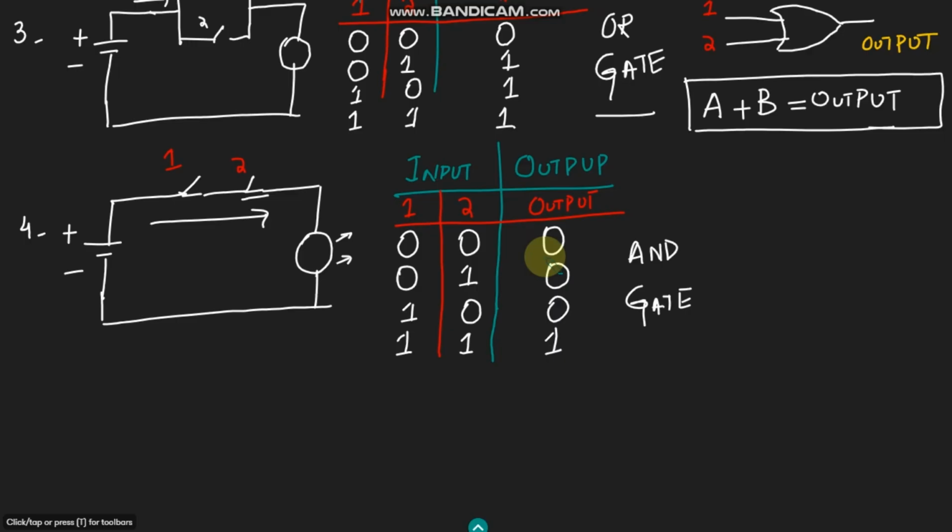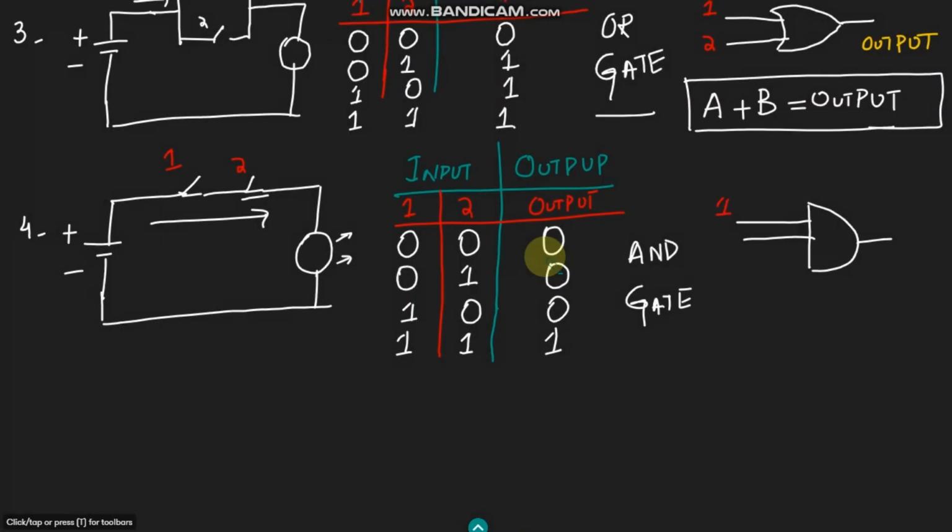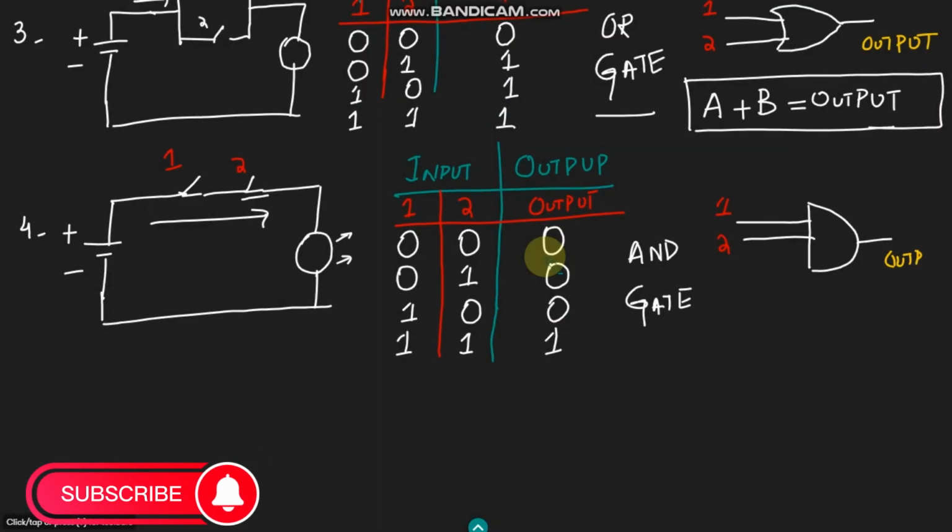Another very important gate, and that is called the AND gate, and it can also be represented symbolically by this. That is the schematic symbol of the AND, where this is 1, this is 2, and we have this output.